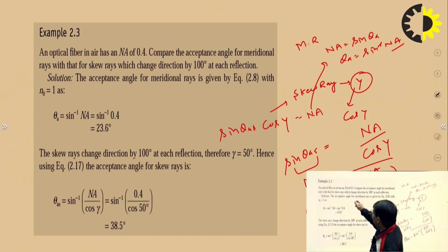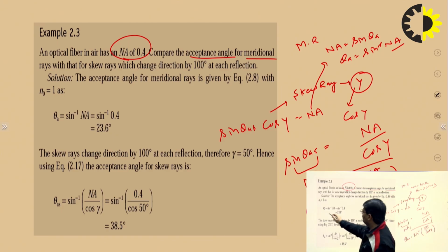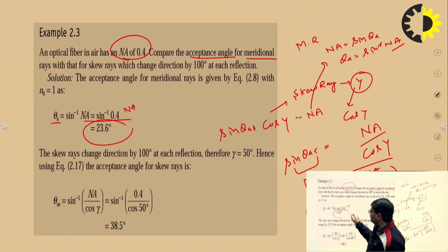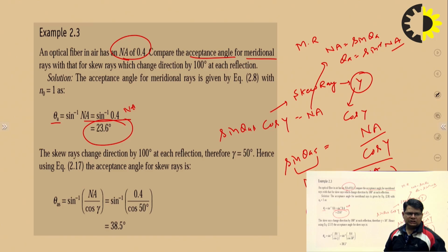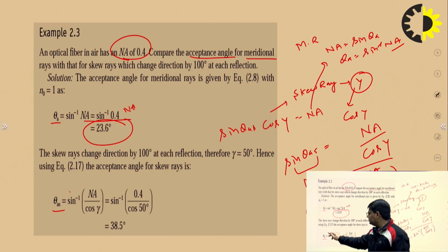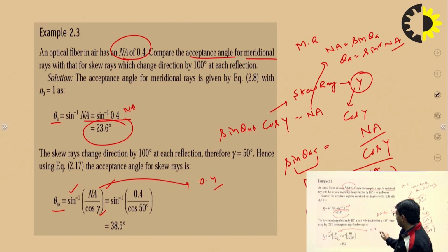The numerical aperture for an optical fiber is 0.4. We have to calculate the acceptance angle for the meridional ray, that is theta_a equals sine inverse of numerical aperture. Numerical aperture is 0.4, so the acceptance angle is 23.6 degrees. Whereas for the skew ray, the acceptance angle is given by sine inverse of numerical aperture by cos of gamma. Numerical aperture is already given as 0.4, and we are given the change of direction after 100 degree reflection.